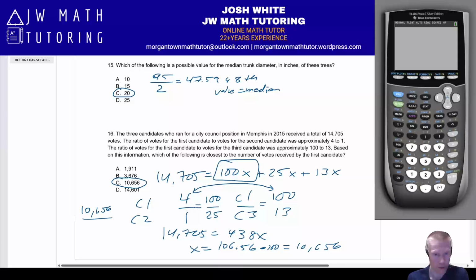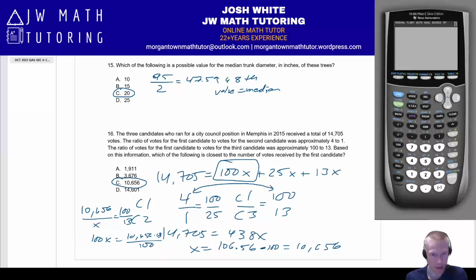Candidate 3 votes we don't know, but we know the ratio of these two has to be 100 to 13. So you would solve this for the number of votes candidate 3 would get. If you cross multiply, you get 10,656 times 13 and then divide that by 100.